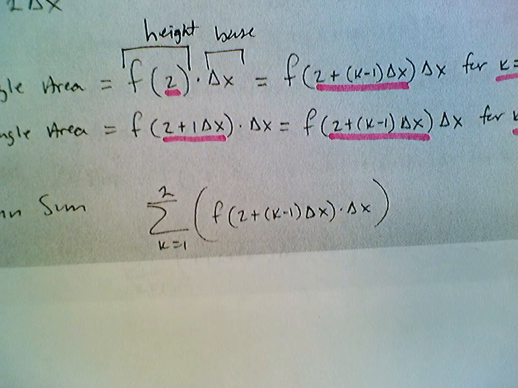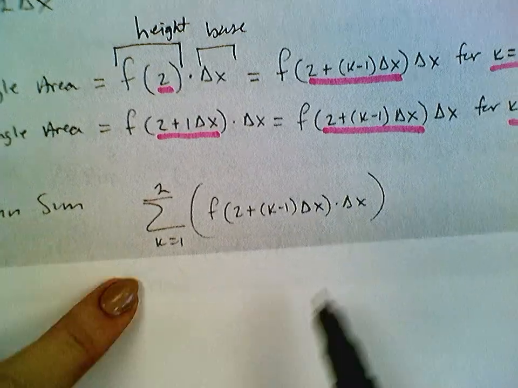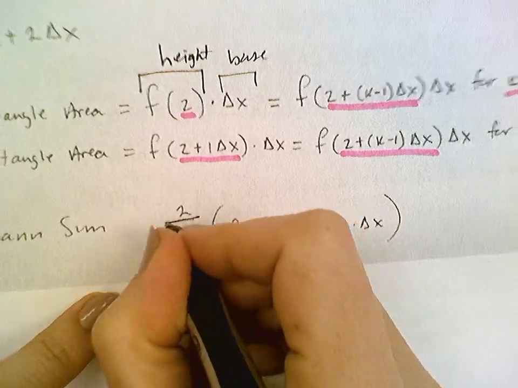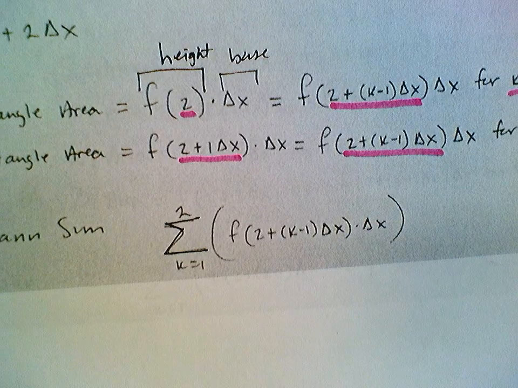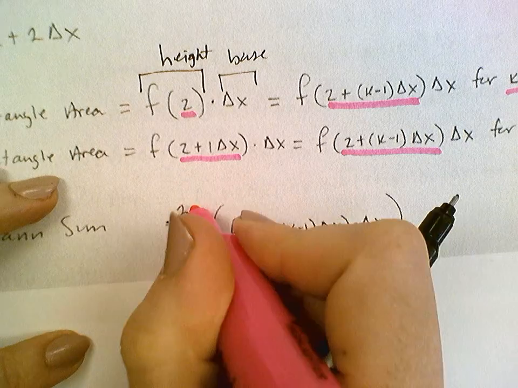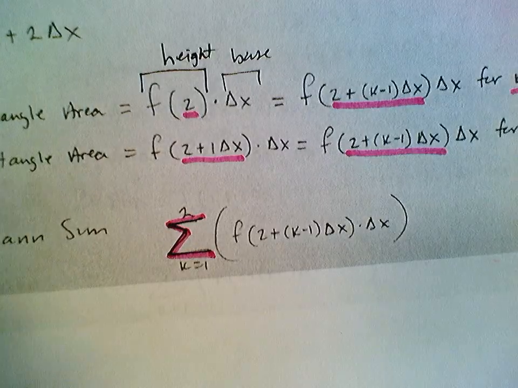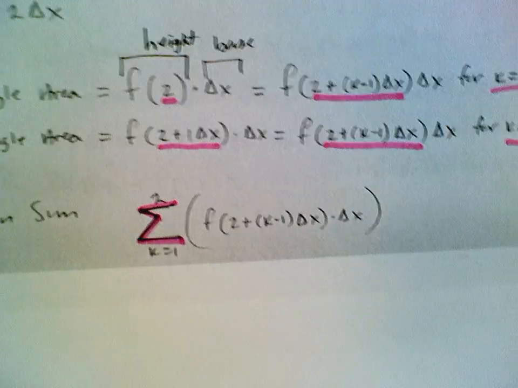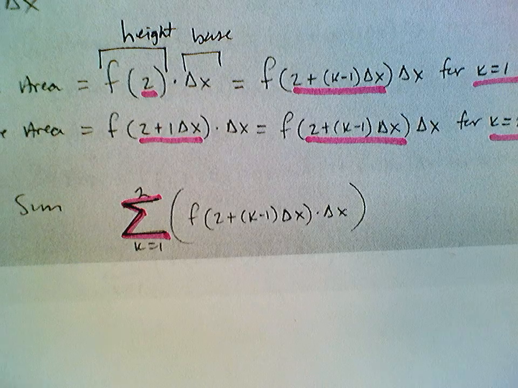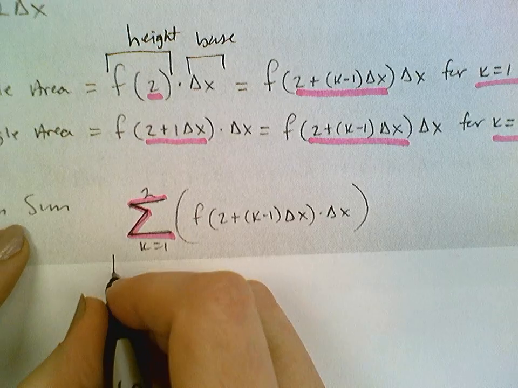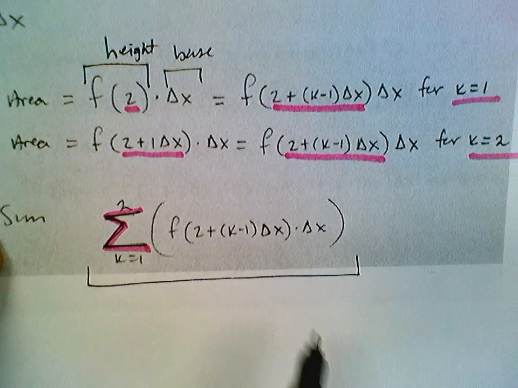And what this is called is a Riemann sum. I don't know if you've ever seen this before. That right there is a Greek letter, a sigma, and in math it means a sum. It's a short way of saying a sum.